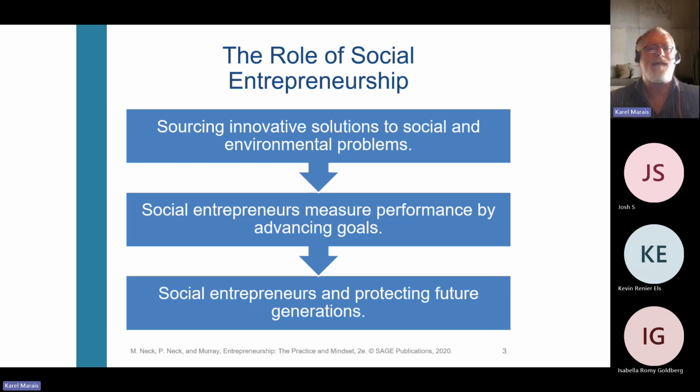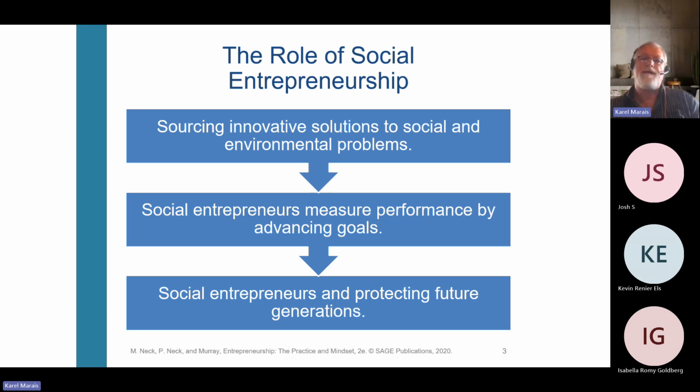Now, these NGOs and these non-profits, there's a new breed of them coming around, because some of these are actually using techniques that are used in for-profit organizations, and we'll talk about the different types of social entrepreneurship organizations a little bit later on this evening.